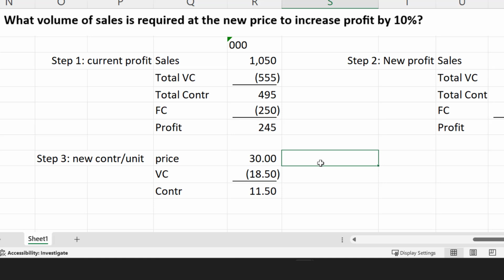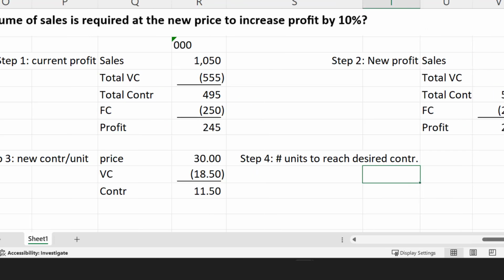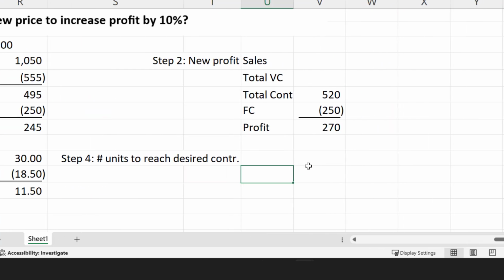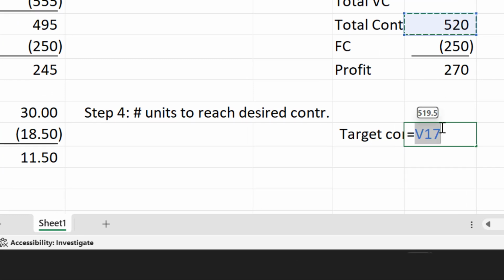Now that we know the new contribution, we can go to a step 4, number of units that we need to sell to hit the 520,000. So step 4, number of units to reach desired contribution. And how will we do that? Target contribution will be equal to the 520,000.